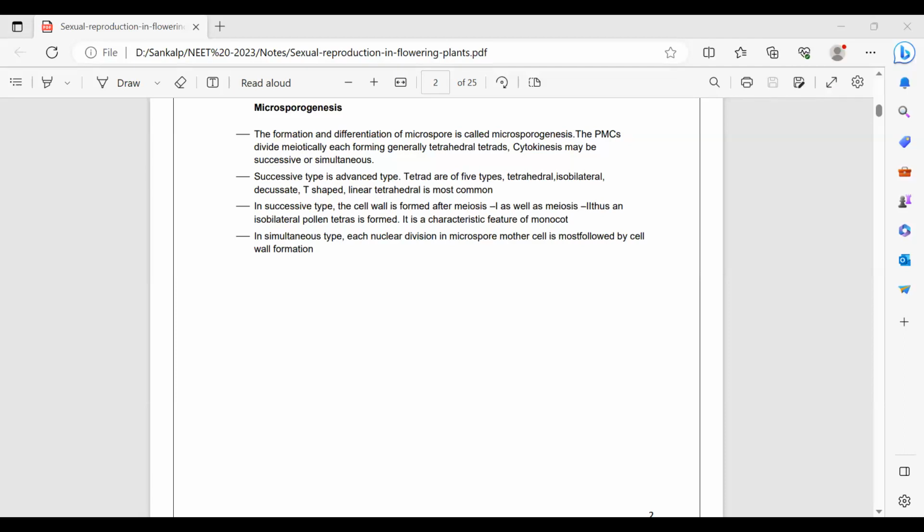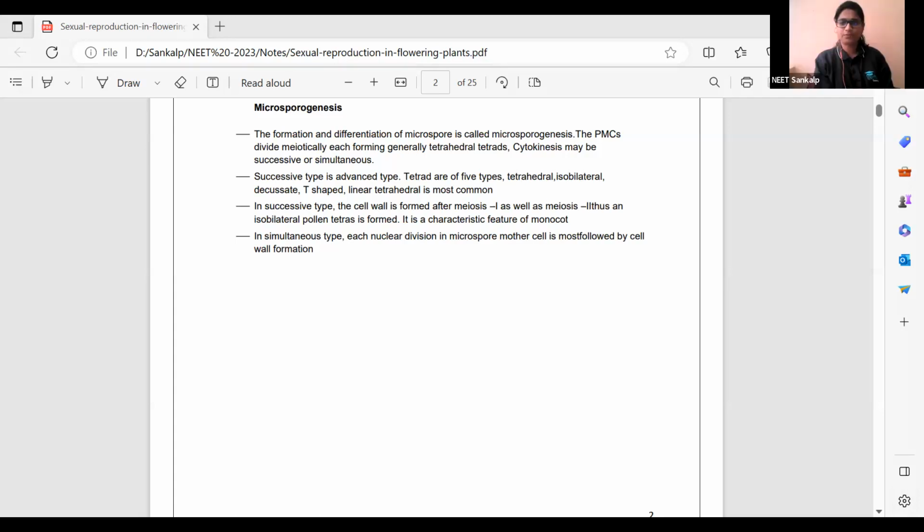Tetrads are of 4 to 5 types: tetrahedral, isobilateral, decussate, T-shaped, linear. Tetrahedral is most common. In successive type, the cell wall is formed after meiosis 1 as well as meiosis 2. Thus, an isobilateral tetrad is formed. It is a characteristic feature of monocots.